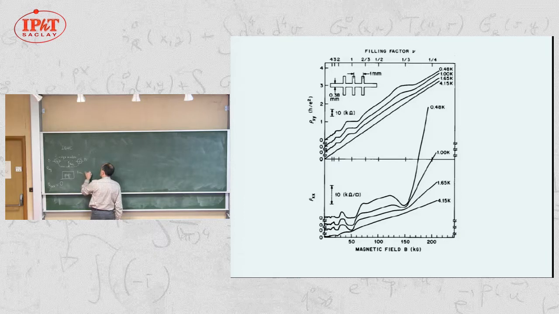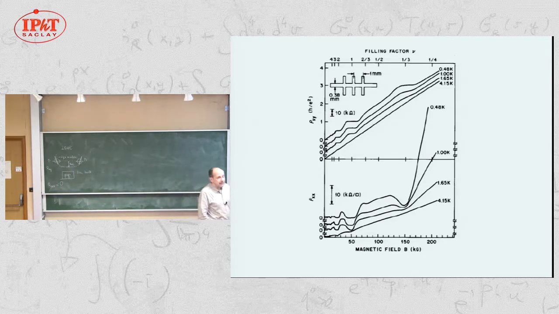Another important ingredient that I have not yet mentioned is that if you look now at the edge states, where the Fermi level is, then it's impossible to have dissipation because they are very far apart in real space. If you want to have backscattering, you have to cross the whole sample, because the dispersion relation is such that one edge is left moving while the other edge is right moving.